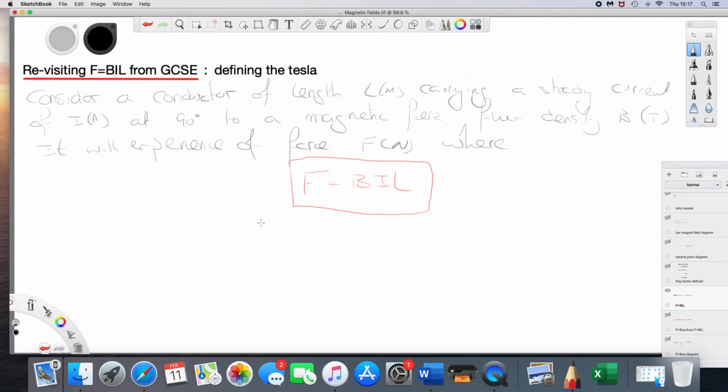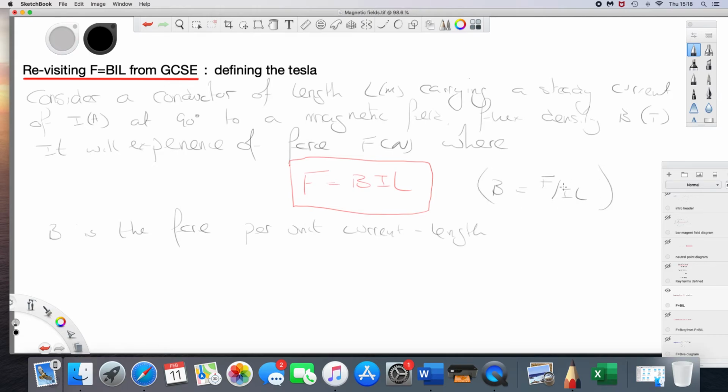So, we have the flux density B is the force per unit current length. If I rearrange this, B is F over IL.